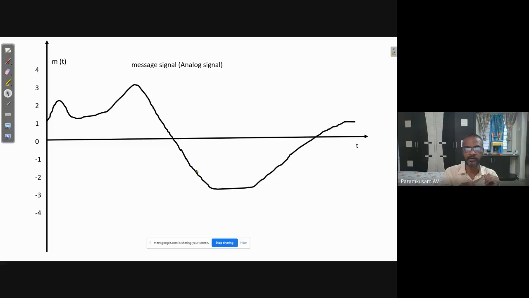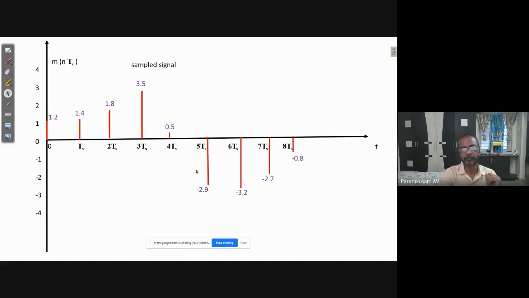So in order to convert that analog signal into a digital signal, the first process is sampling. If you observe this sampled signal, is it still having finite possible values or infinite possible values at any instant of time? Can anybody answer this question?